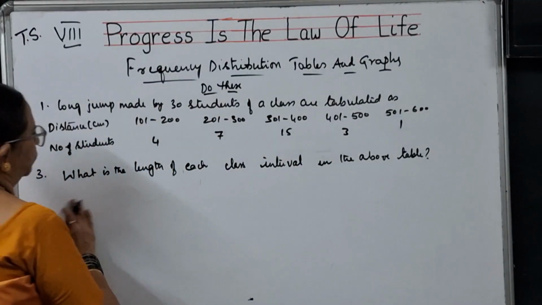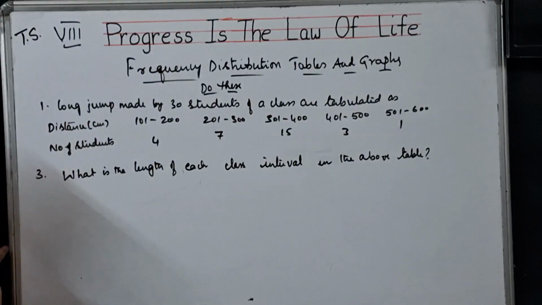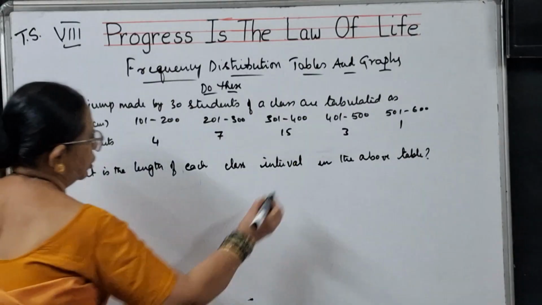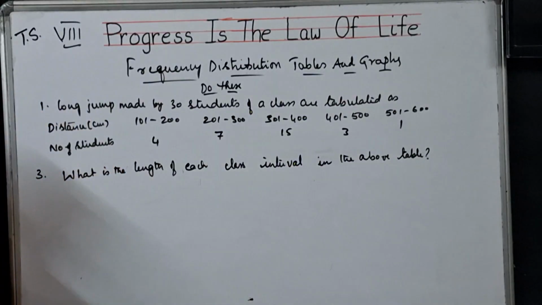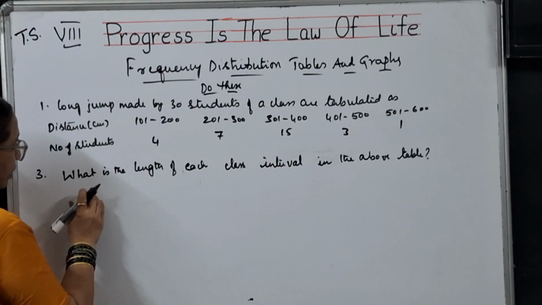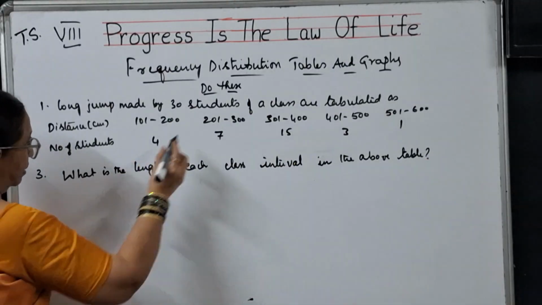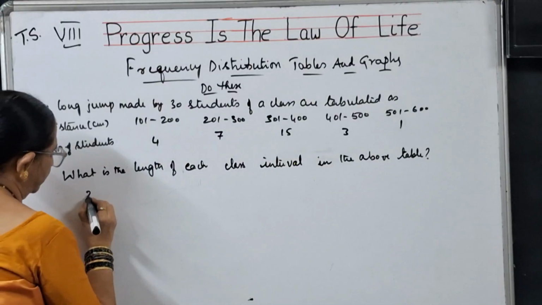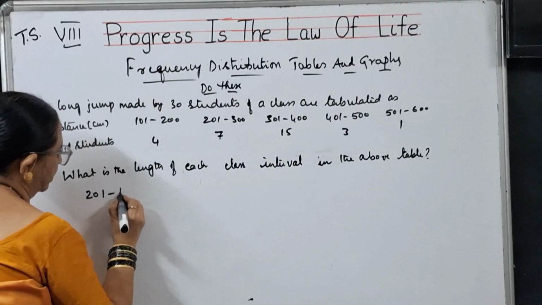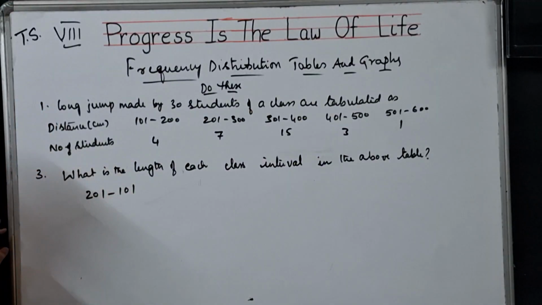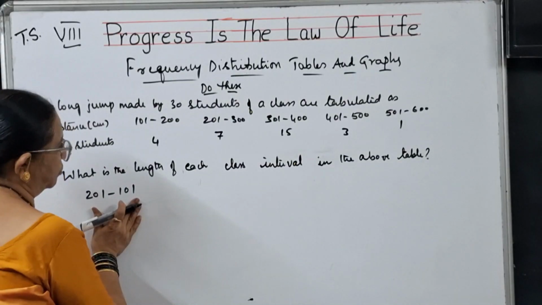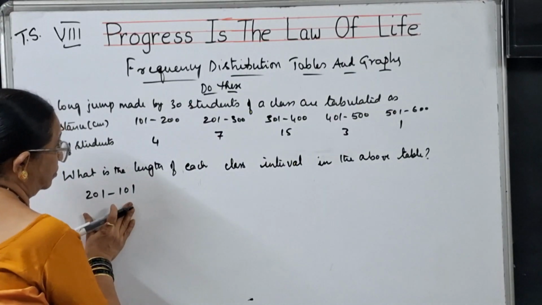Now the next one is: what is the length of each class interval in the above table? You will find the length of each class interval by subtracting the lower limit of the first class interval from the lower limit of the second class interval. This is also called the size of the class.